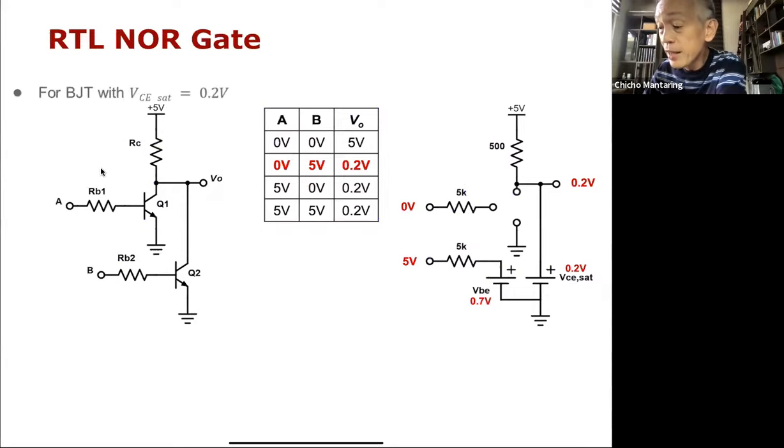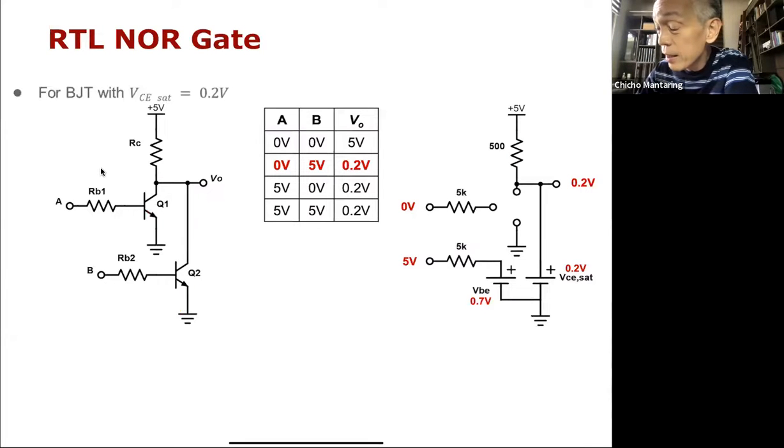Now, this is the RTL NOR gate. So ang RTL NOR gate, ang base circuit niya is an inverter, pero dadagdagan natin ng one similar transistor in parallel, no? So magkakaroon ka ng, this is a 2-input NOR gate. Magkakaroon ka ng dalawang transistor ngayon in parallel. Okay?